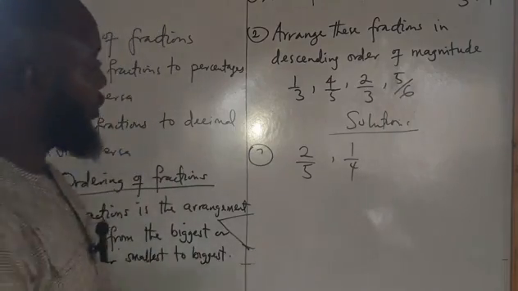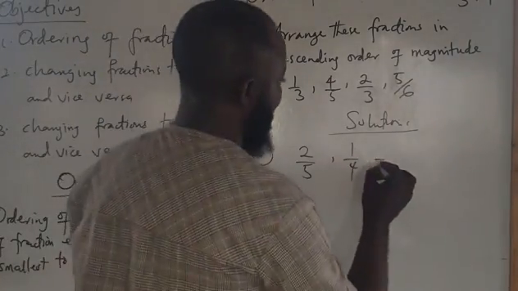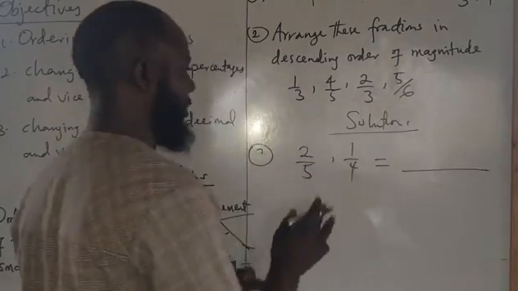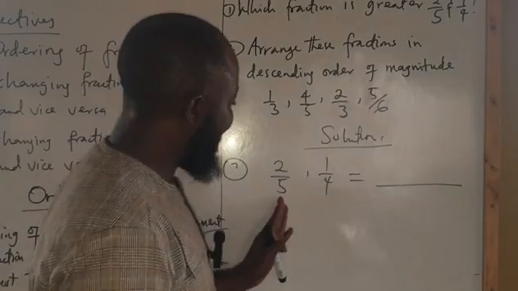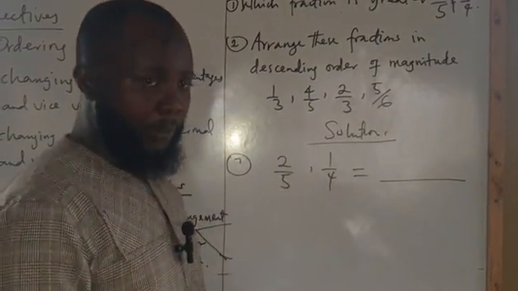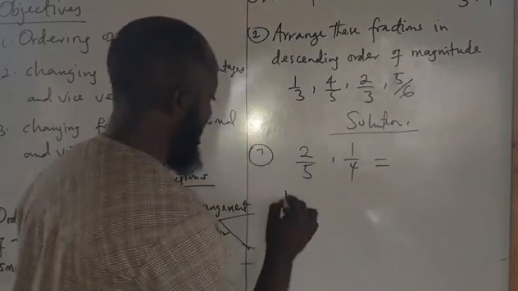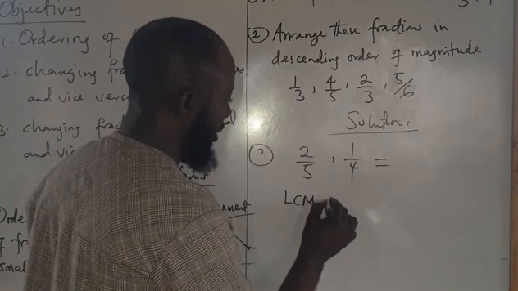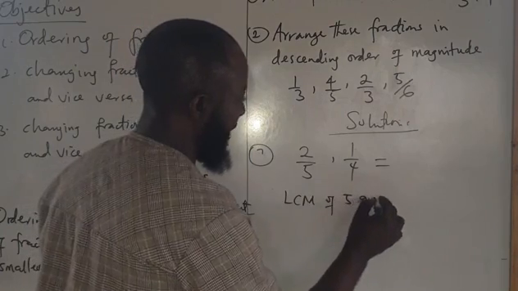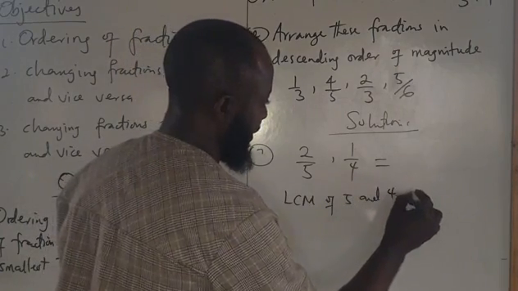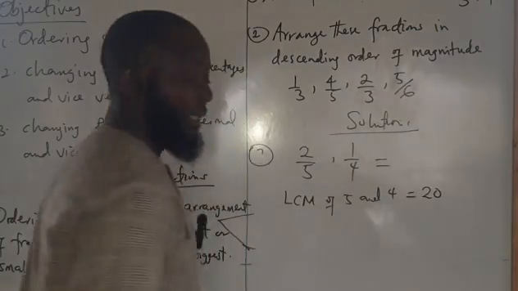The first thing we need to do here is find the LCM of 5 and 4. The LCM of 5 and 4 is equal to 20.